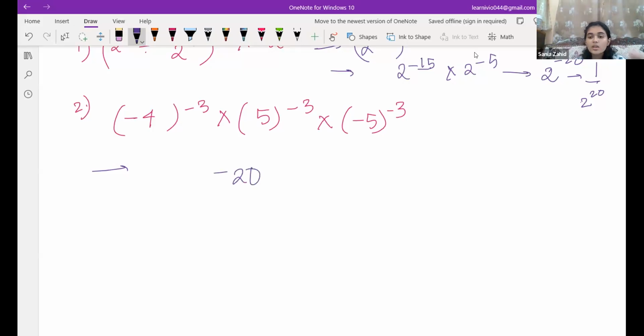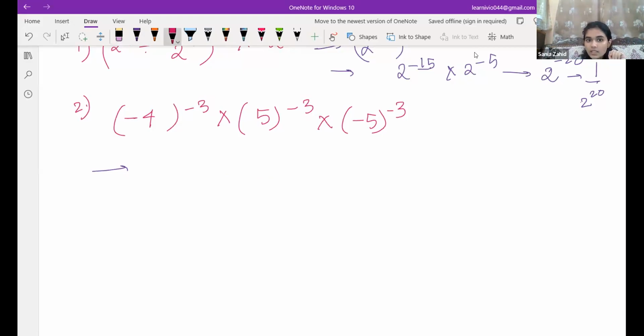No, Kumar, wait. This is another property: when your bases are different and your powers are same, you multiply the bases but you write the power as it is. Here you have different bases and same powers.